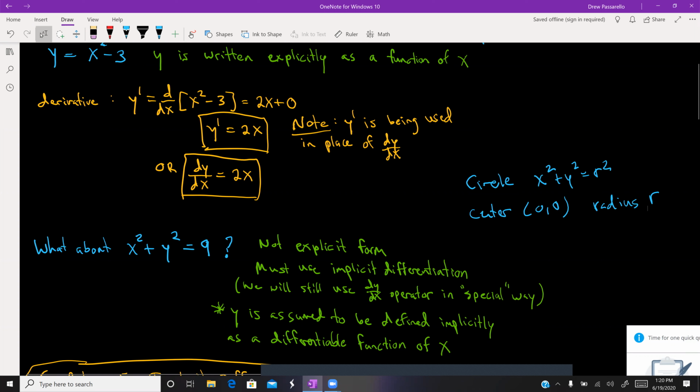The dy dx is an operator, and we're using it in a special way. That's important for how you use the notation dy dx.